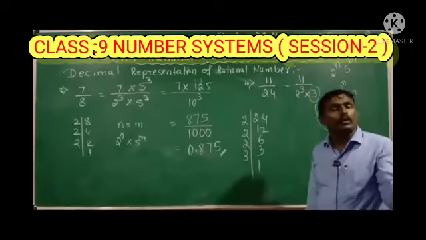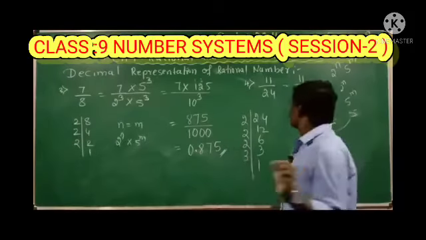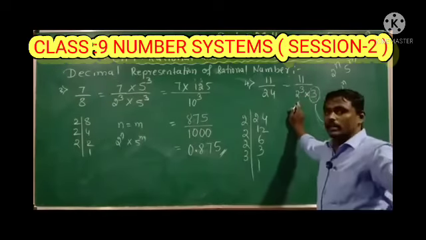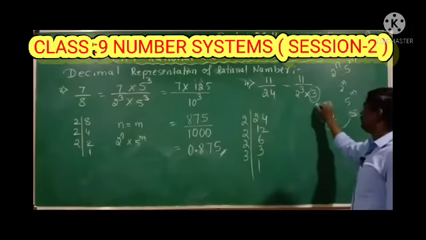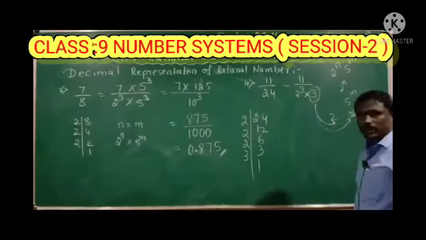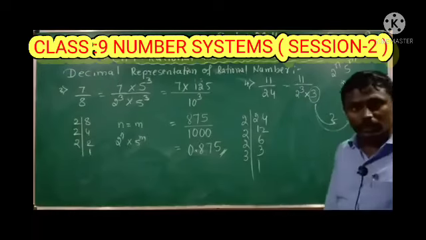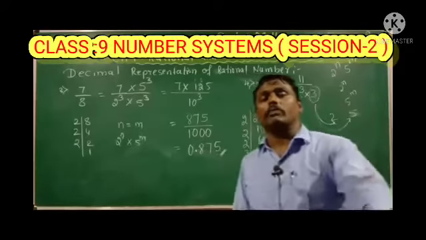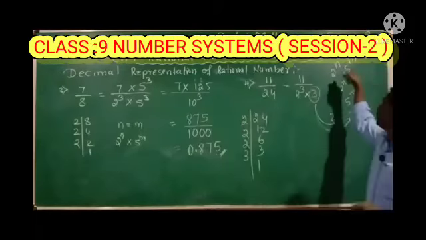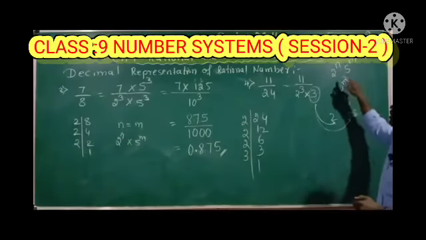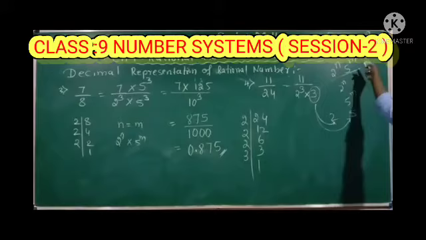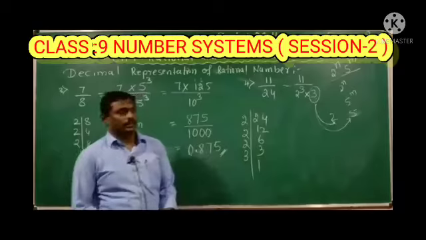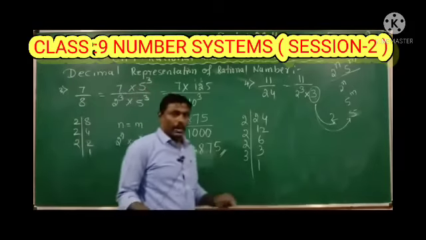So these types of prime factorization give non-terminating decimals. If a rational number's denominator, when factorized, is in the form of 2 raised to n or 5 raised to m, or both 2 raised to n and 5 raised to m, then only is the rational number considered a terminating expansion.